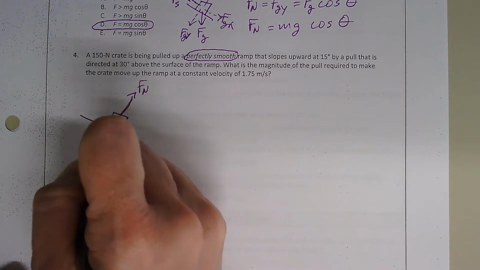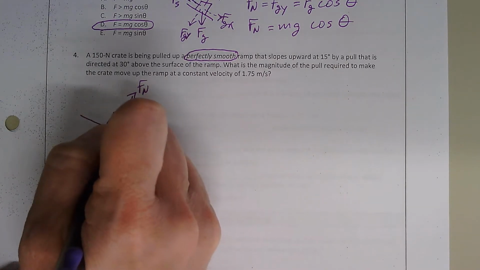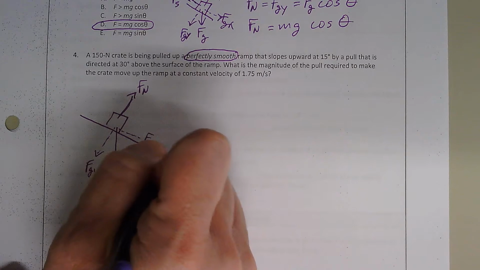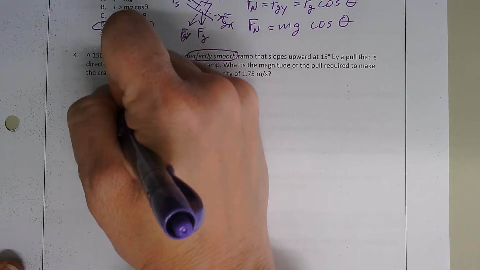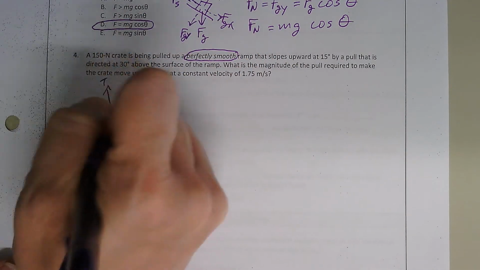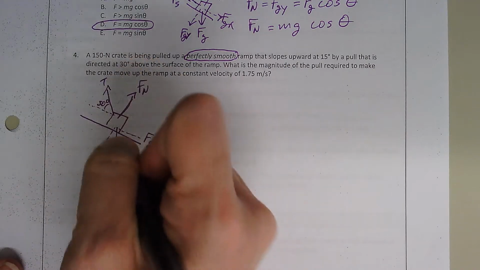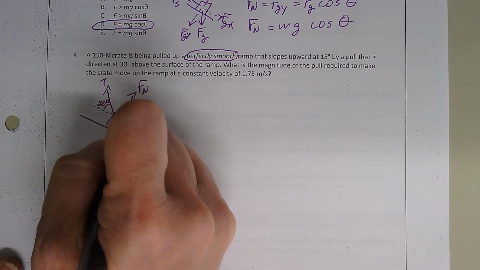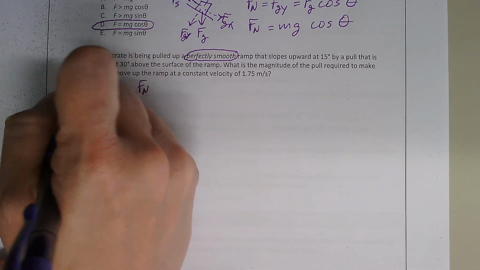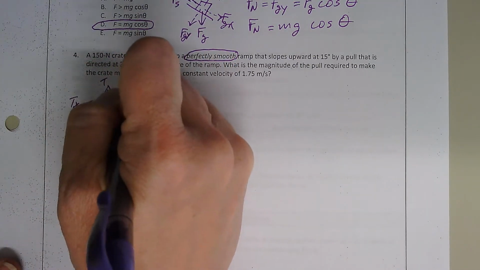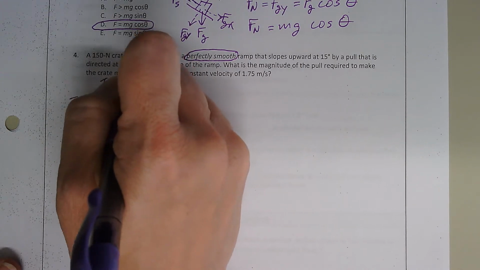I've got Fgy and Fgx, and it's being pulled up the ramp. But it's being pulled up the ramp at an angle to the ramp. So my tension is actually being pulled up like this at an angle of 30 degrees. So this angle is 15 degrees and this angle is 30 degrees. Which means I have a tension force in the X and a tension force in the Y.